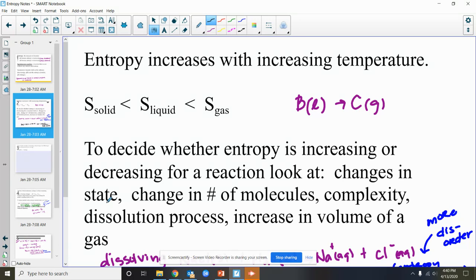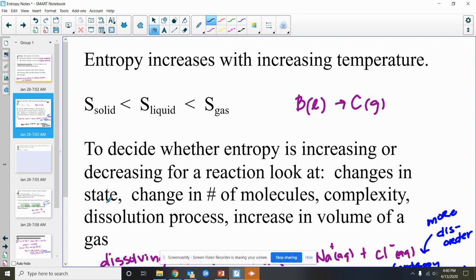Okay? If you have all of those things and nothing's really helping either way, you can look at the dissolution process. Dissolution process is just how to dissolve. So if you think about when you took salt and you put it in water and you stir, you're actually taking that solid salt crystal and you're dissolving it into its individual ions. So you're taking a solid and you're putting it into that aqueous form.